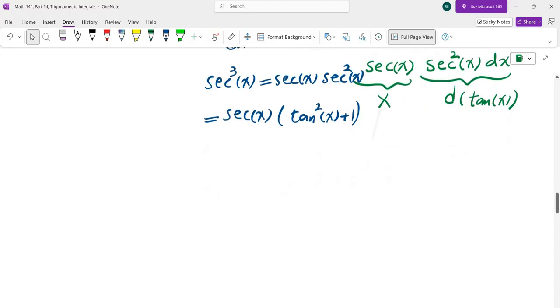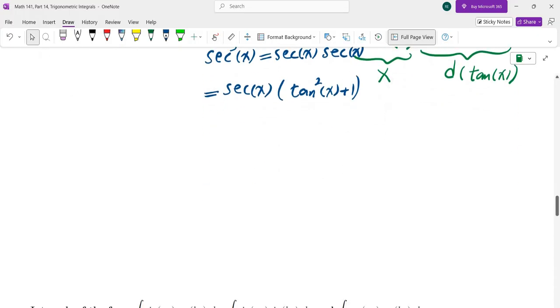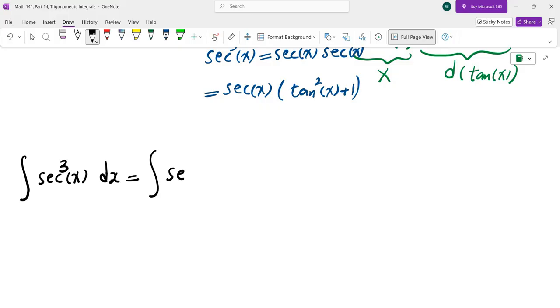So here is the idea. We're going to use integration by parts after splitting secant cubed into secant times secant squared. So we're going to write down the integral of secant cubed first, and we are going to break this up into secant and then secant squared.